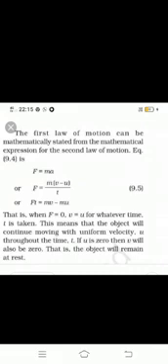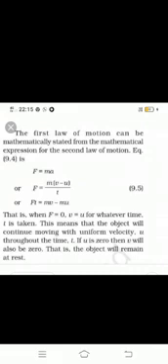So in place of a, we put F equal m (v minus u) by t, meaning (v minus u) by t equal a. Now cross multiplication gives Ft equal mv minus mu.